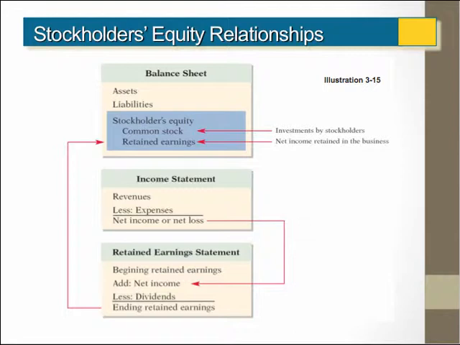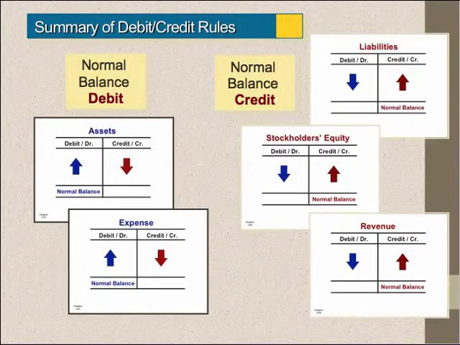So that will kind of help you remember which side is the normal balance side. So if you take a look, the normal balance accounts are assets and expenses on the debit side. The normal balance accounts of liabilities, stockholders' equity, and revenues would be on the credit side.